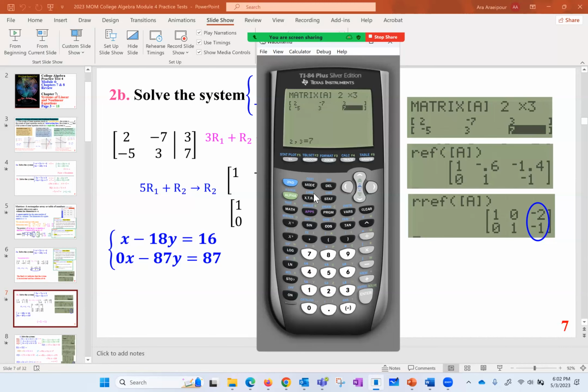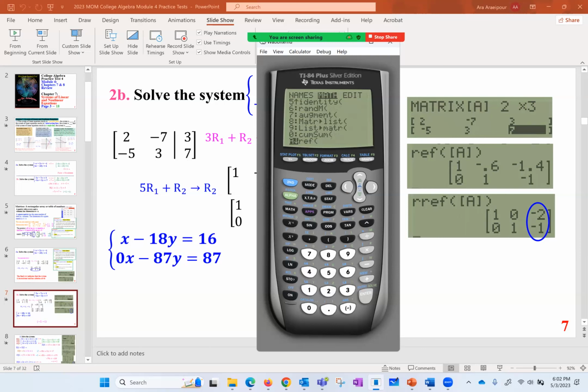Now I go to matrix editor. I go to math, and I bring the arrow down to REF.